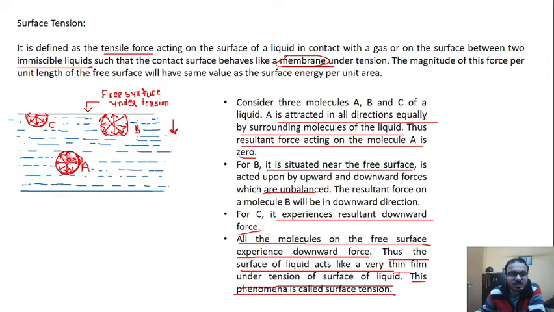However, for the molecules present on the free surface, the force is unbalanced and some downward net force is acting on these two molecules, so some form of tension is occurring. That's why this phenomenon is called surface tension.